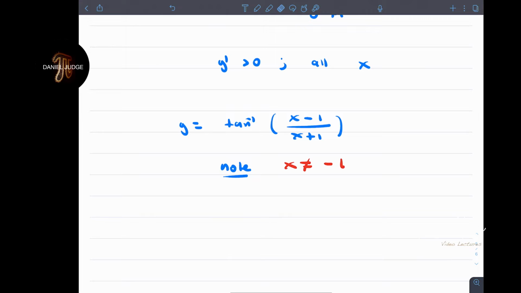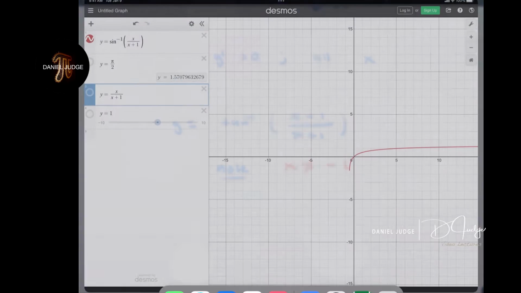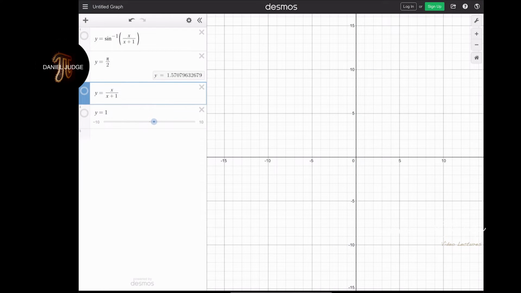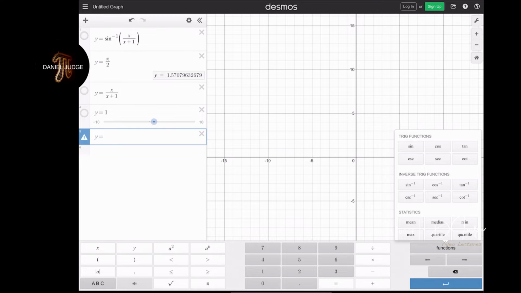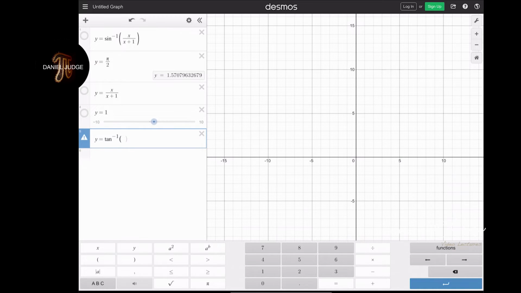So I want you guys to take a look at this in Desmos here. We're going to get rid of some of these things. So here's what I'm saying. You have y equals, here's your function, inverse tangent of x minus 1, and I think I'm going to go back here with 2 parentheses.